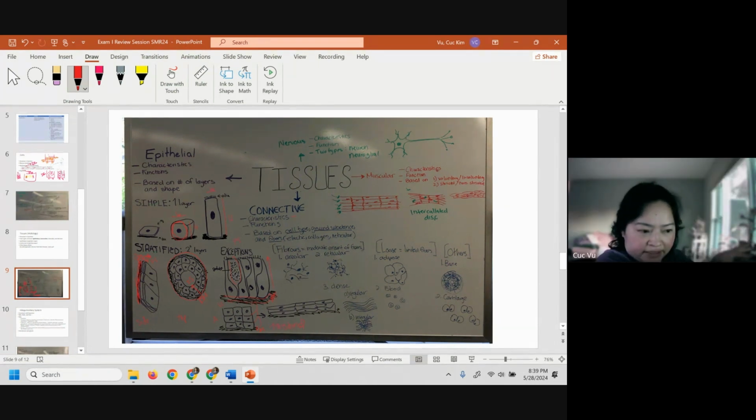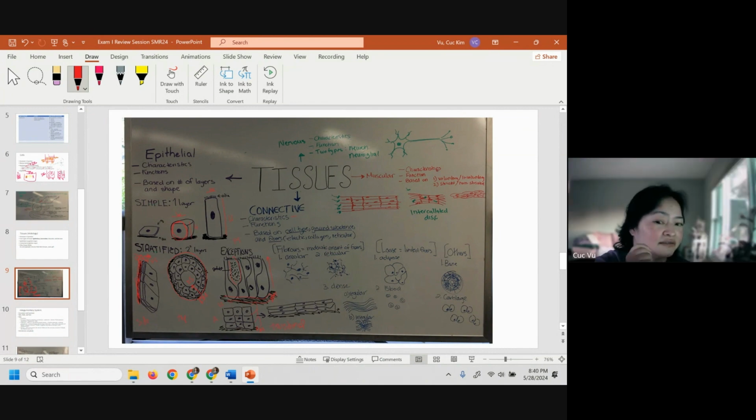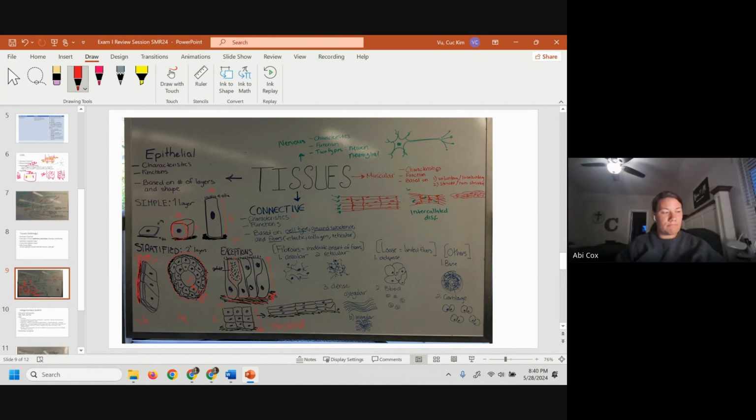Then we're finished with the fibrous. We're going to move the fibrous aside. Now, if you compare all of those fibrous to the loose, under loose there are two: adipose and blood. What do you notice in those images? There's not a lot of fibers. That's exactly it. It's mostly cells. That's right. Cells and what? Matrix.